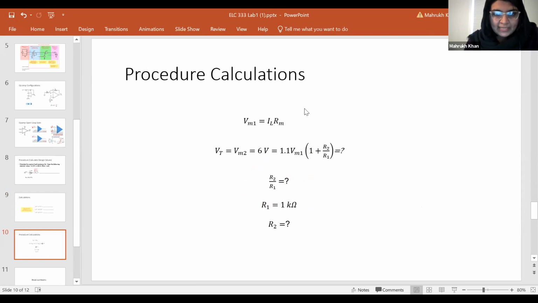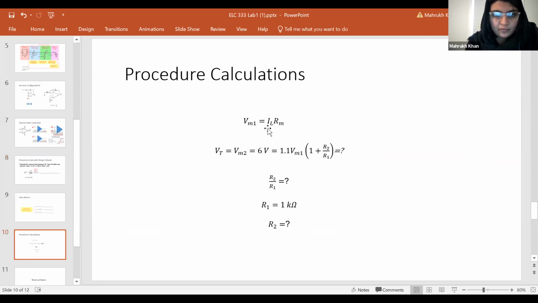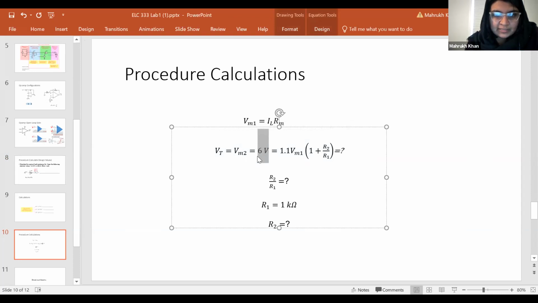So now what is left to be calculated? We know IL, we know RM, so we can find out what VM1 is, right? We know RM, which is 2% of RL, so we can find the value of VM1. Now I want you to take VM2, the reference voltage, as 6 volts, and then put in VM1 from above and try to calculate R2 and R1.